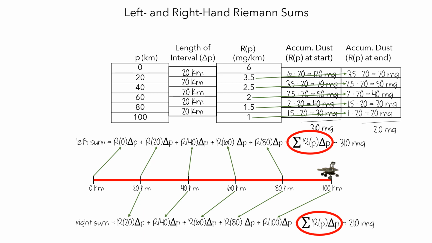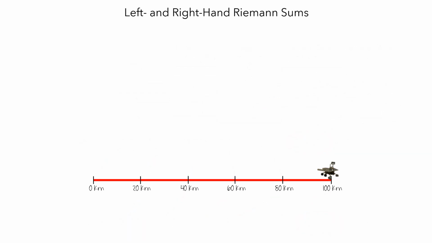Let's start over here. We know that the total accumulation can be approximated by a left Riemann sum. Now, I'm going to introduce some labeling on our depiction of the rover's trip. I'm going to label the 0-kilometer mark as p sub 0 to distinguish it from the other values of p. Then I'll write p sub 1 to indicate the 20-kilometer mark, and so on.